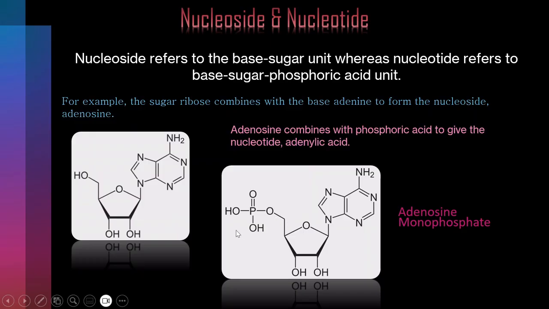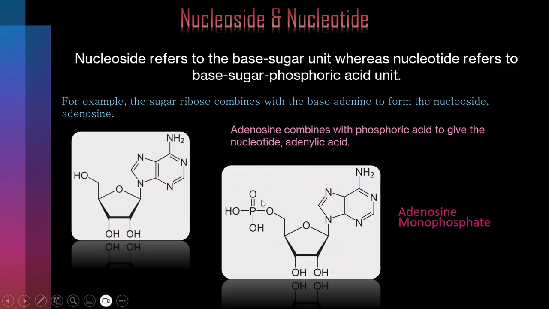That OH combines with phosphoric acid to form the phosphate. And this combination of adenine, ribose and phosphate unit gives us a nucleotide. It is known as adenylic acid, or it might be more familiar as adenosine monophosphate.